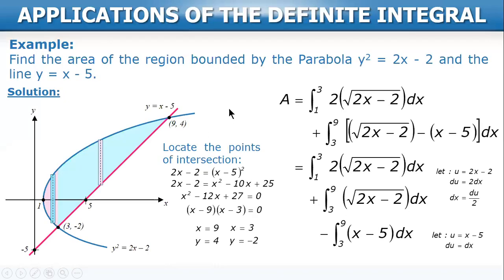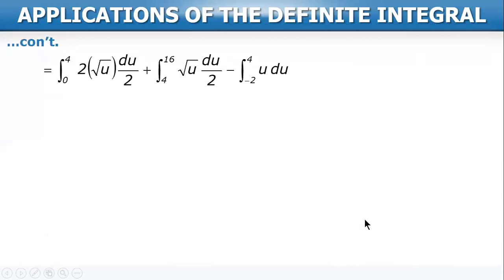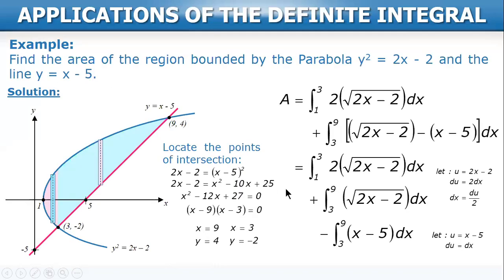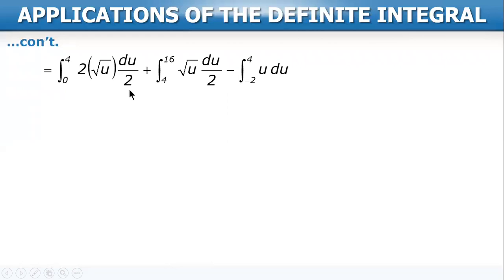for the third term, when x equals 3, 3 minus 5 is negative 2. And when x is equal to 9, 9 minus 5, u equals 4. So negative 2 to 4. So makancel lang to.